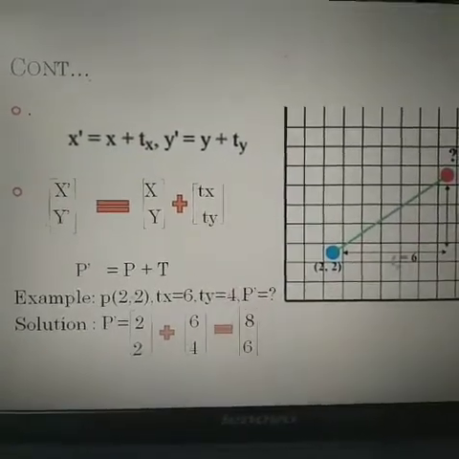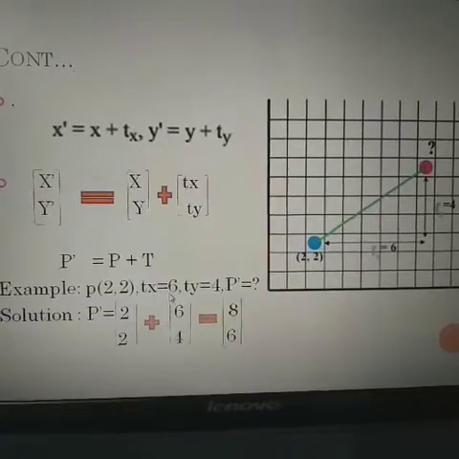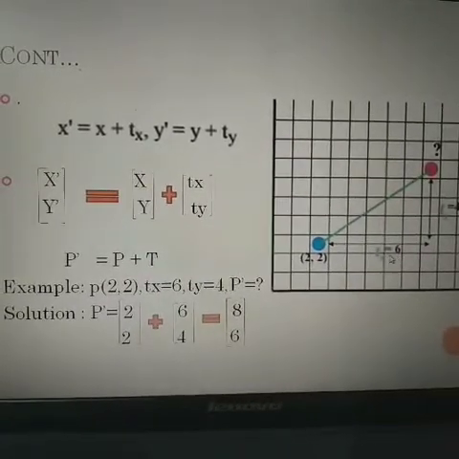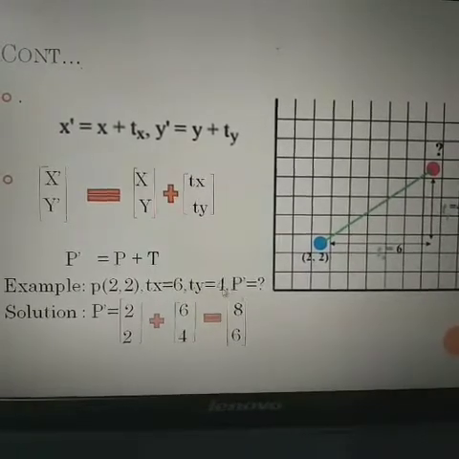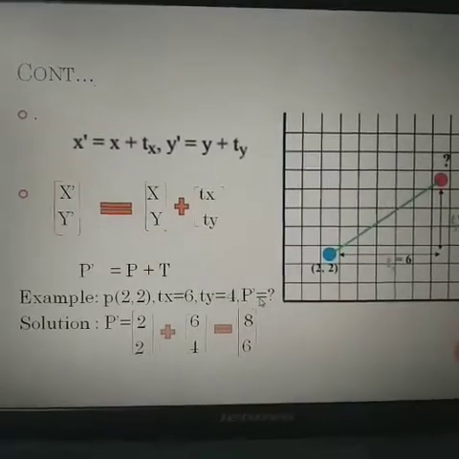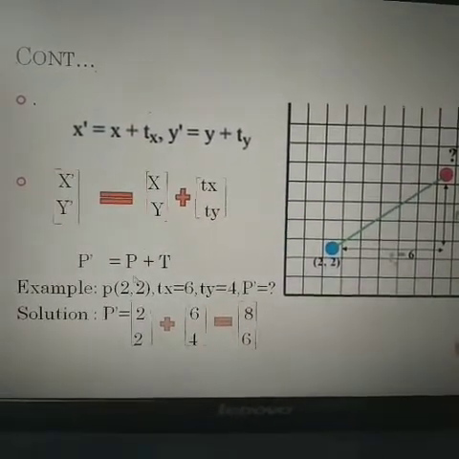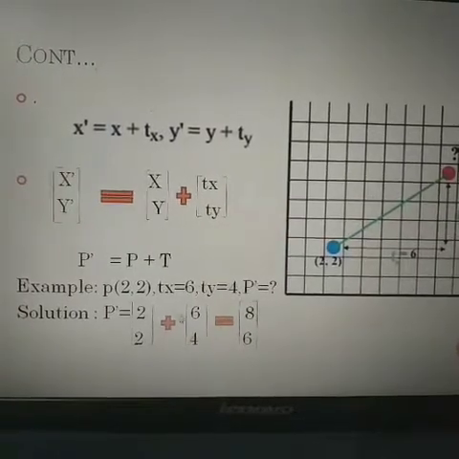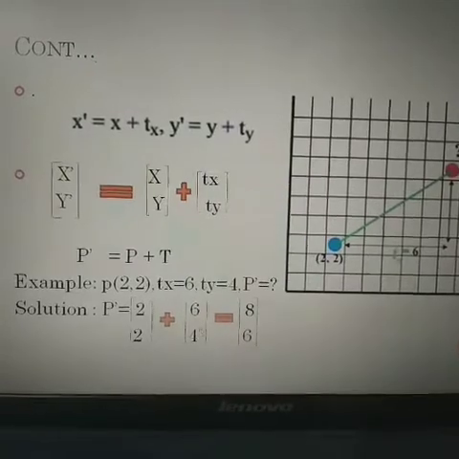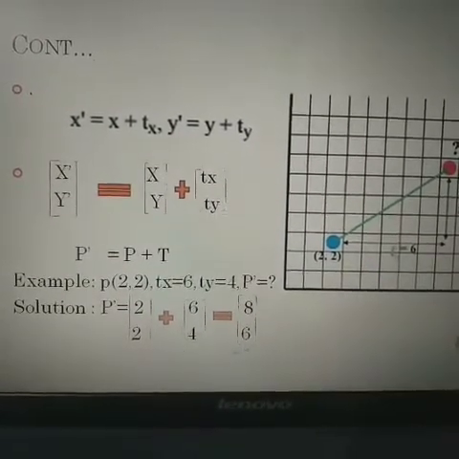So an example: if we have the point (2, 2), and tx on the x-axis is 6 and ty is 4, we have to calculate the new point after the translation. So P' will be: the actual coordinates are 2 and 2, tx and ty are 6 and 4. Add both: 6 plus 2 is 8 and 4 plus 2 is 6.